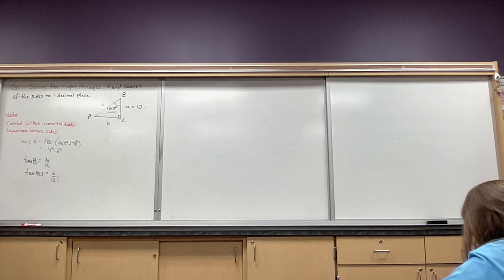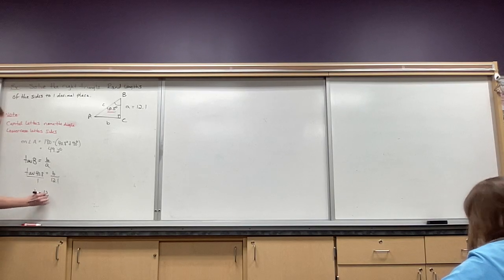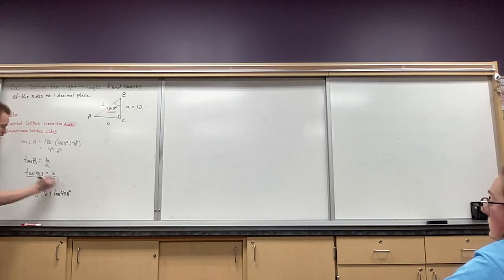Sometimes it's nice just to see a fraction equal to a fraction. And then to solve it, I'd multiply both sides by 12.1 to get b by itself. So b is equal to 12.1 times tangent of 40.8 degrees.